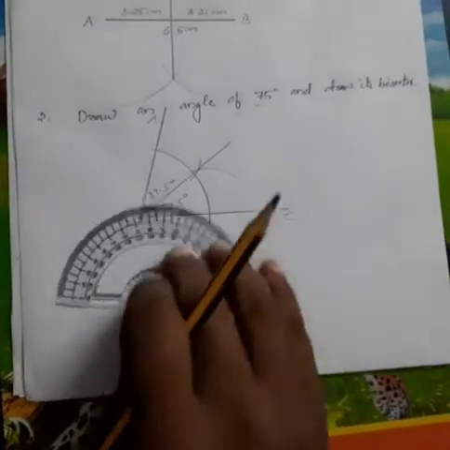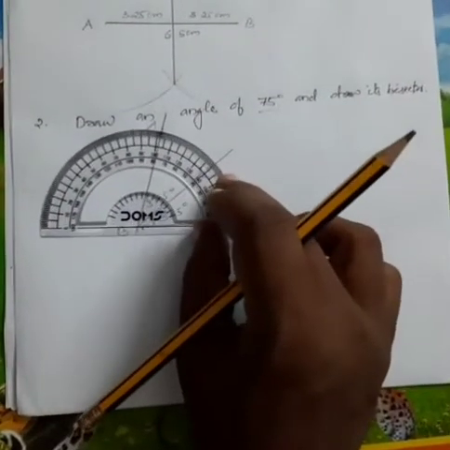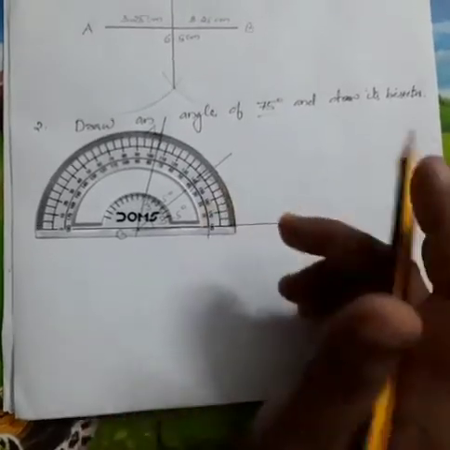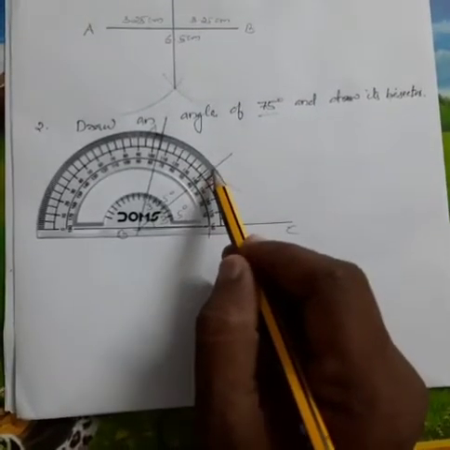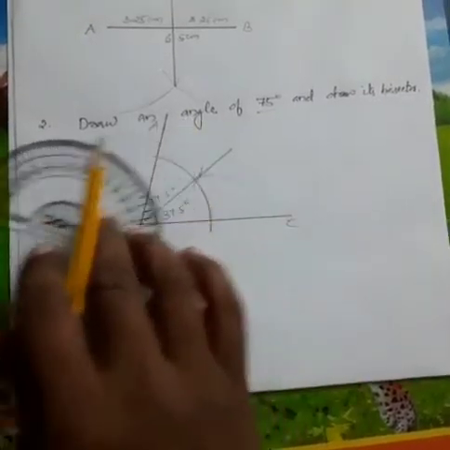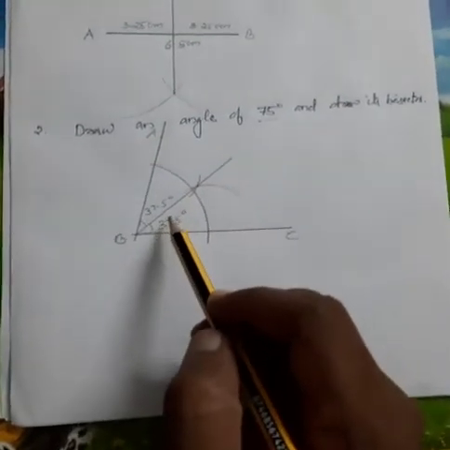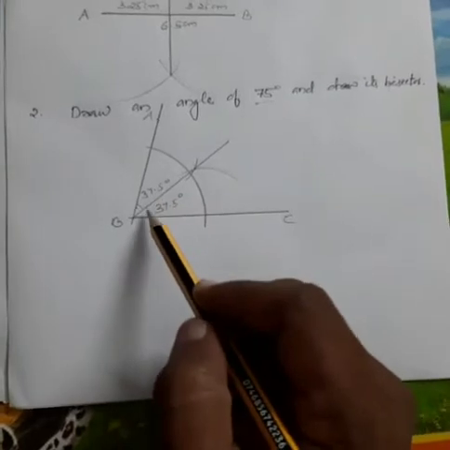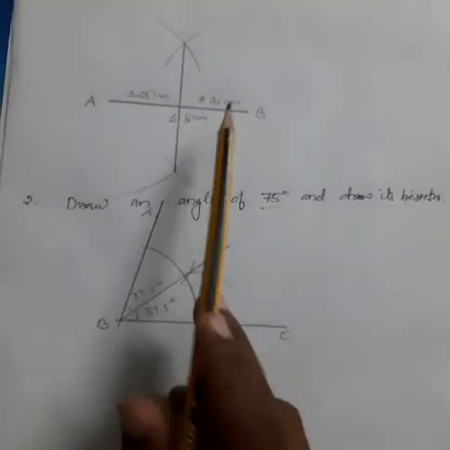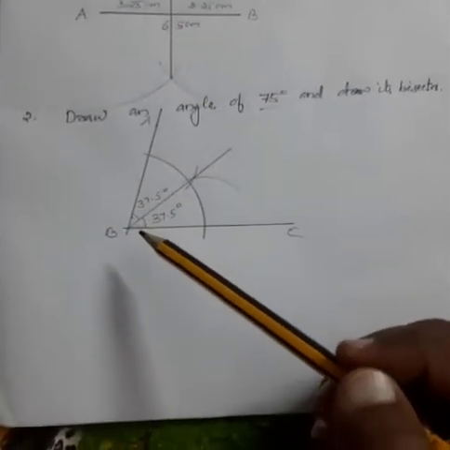You can check it here. 0.5 you don't get, but nearly 37.5. So this way you can draw the bisector of the particular angle, and this is the line bisector. This is the angle bisector.